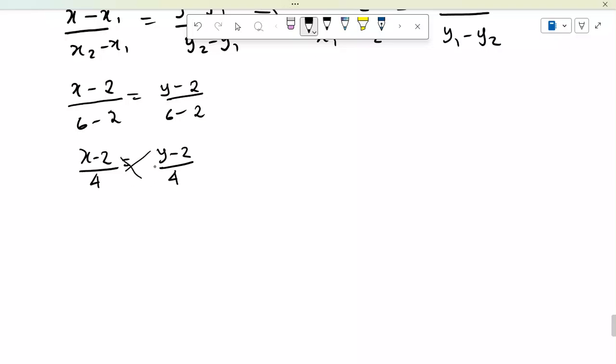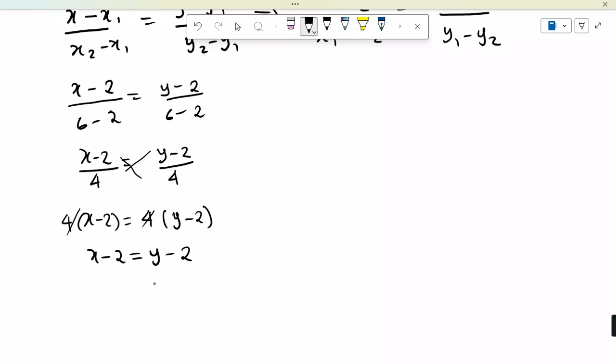This multiplied by this, and this multiplied by this. So you have 4 times x minus 2 equal to 4 times y minus 2. These 4s can cancel out. So you have x minus 2 equal to y minus 2.